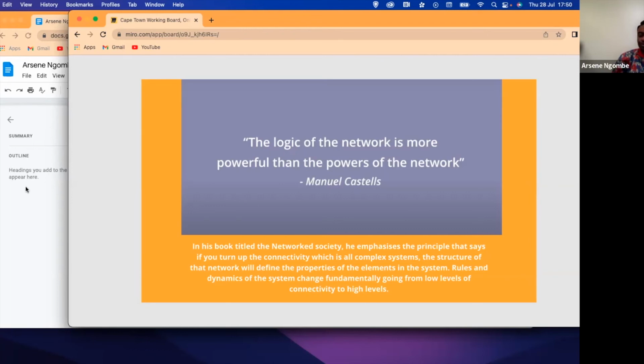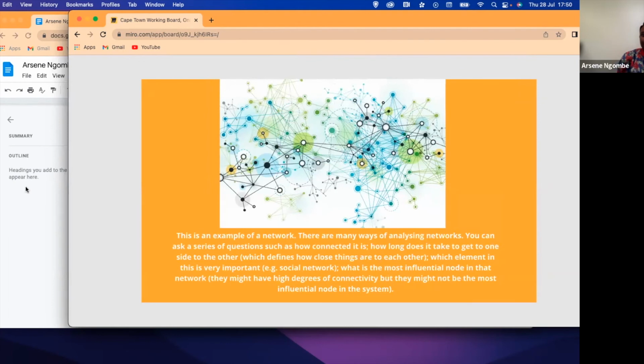So this is an example of a network. As you can see, there are many ways of analyzing a network. You can ask a series of questions, such as how connected it is, or how long it takes to get from one side to the other, which defines how close things are to each other. You can also think of the elements, which one is very important.